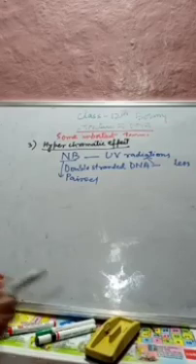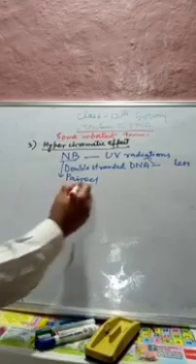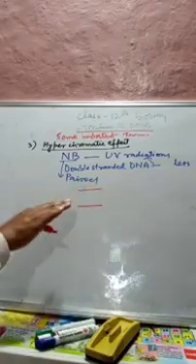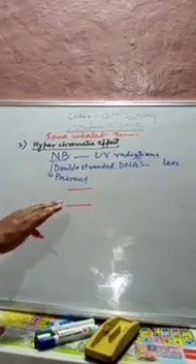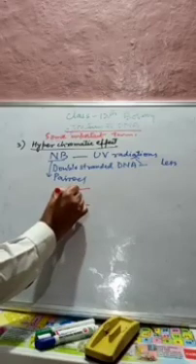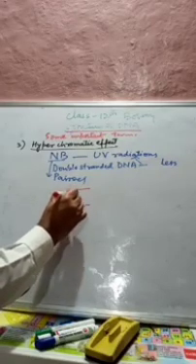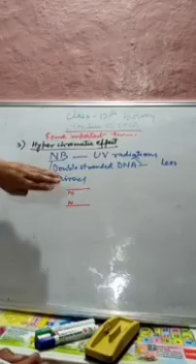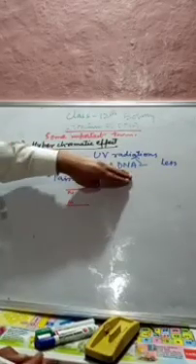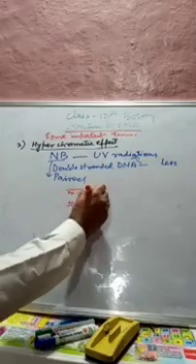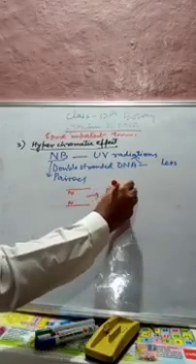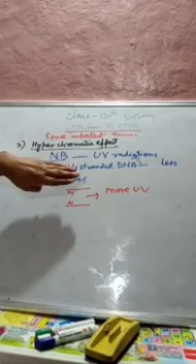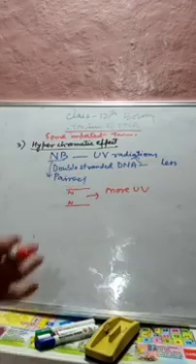But when we denature them, when the double strands are broken down, these nitrogen bases get separated. They are now free, and when they are exposed to ultraviolet radiation, they absorb more ultraviolet radiation.